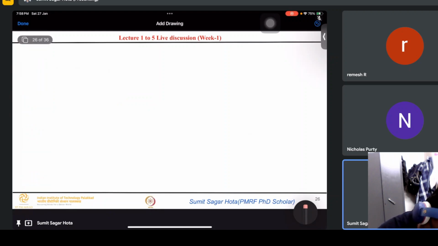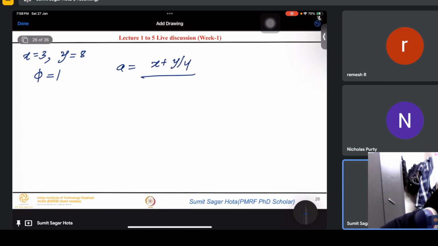X equal to 3, Y is equal to 8. Y is equal to 1 we assume. A is equal to the actual formula: X plus Y by 4. Here nothing given means 1.